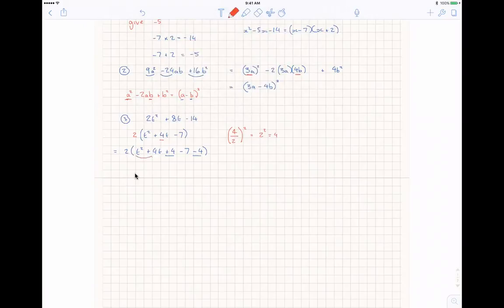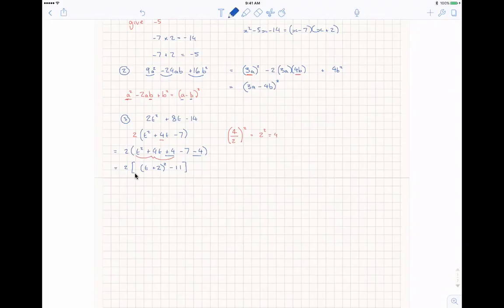So the first part of our expression we should recognize as being a perfect square. T plus 2 all squared. And we have minus 11.